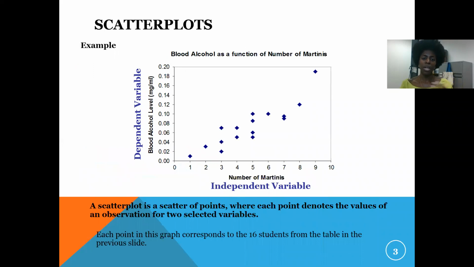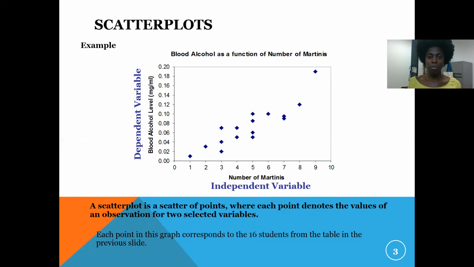So the scatter plot is a representation of those 16 students. We asked those two questions, and we can see here that it's a scatter of points, where each point denotes the values of an observation for two selected variables. So each point in the graph corresponds to the 16 students from the table in the previous slide.